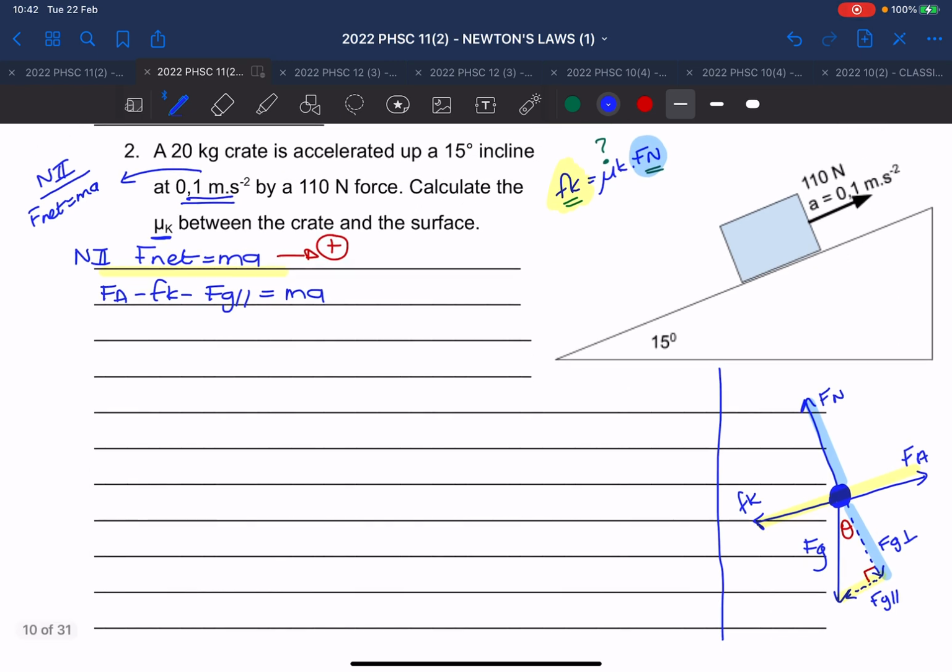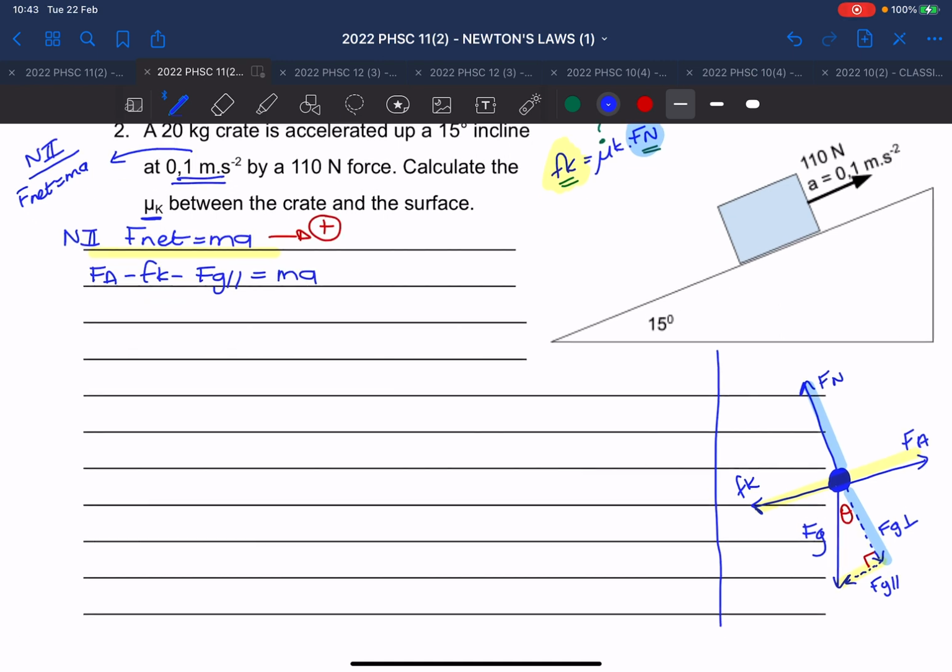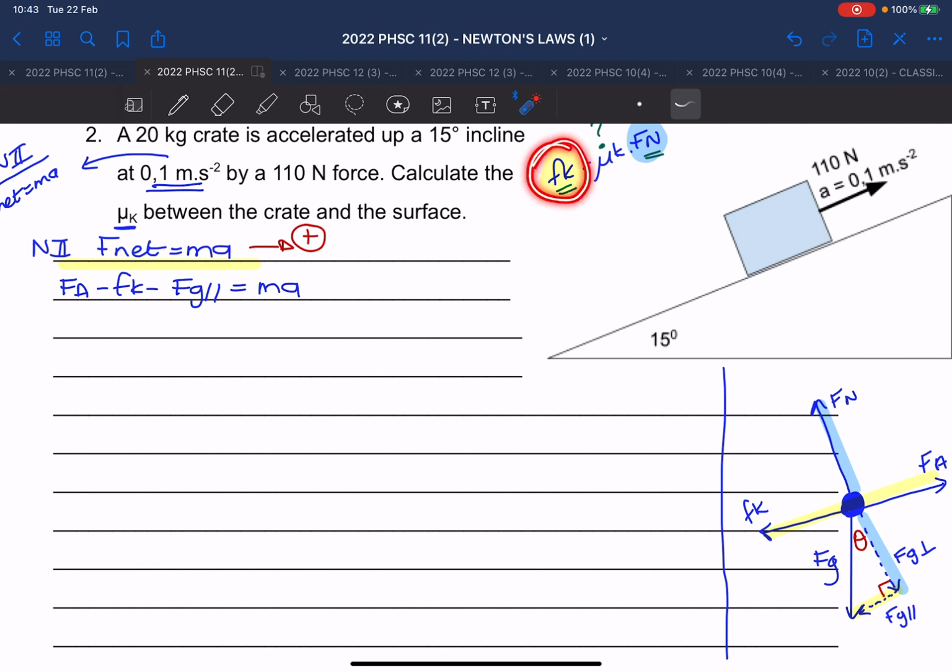Which direction did we choose to be positive? To the right. So FA minus, minus. What are we busy calculating? We're calculating FK, so I'm not going to fill in FK. I'm going to leave it as it is. FG parallel is FG sin theta. So I'm going to write FA minus FK minus FG sin theta is equal to M times A.